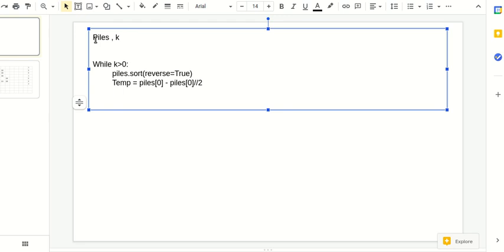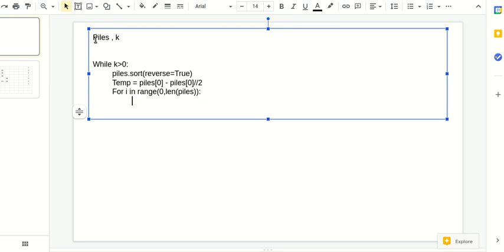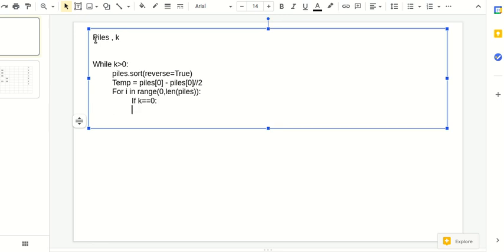Now we will iterate for i in range from 0 to length of piles. So we iterate throughout the whole array of piles, and if at any instance k is equal to 0, we will break out of the loop.